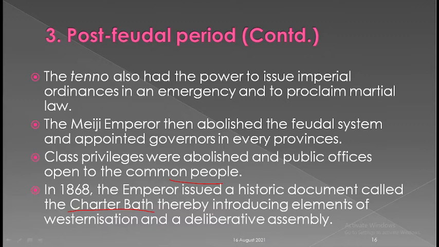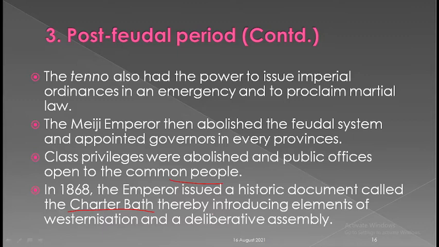Now, what happened with the Meiji Restoration, or after the military rulers returned power to the emperor, was that the emperor started changing a lot of things. Of course, he continued to be the sovereign power, or the real ruler.